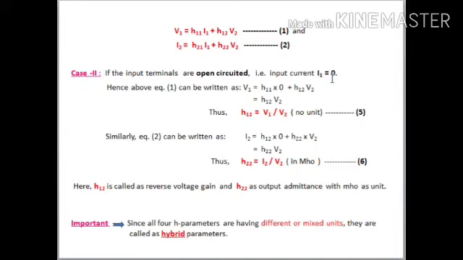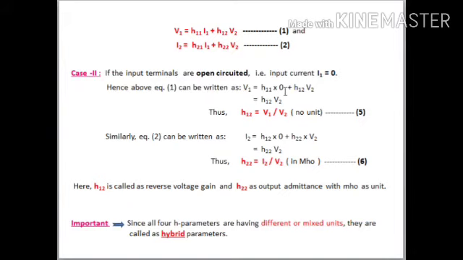So we have to substitute this value of I1 equals 0 in equation 1 and equation 2 one by one. Let's take equation 1. It is written as V1 equals H11 into 0, this 0 being the value of I1 from this condition, plus H12 into V2.